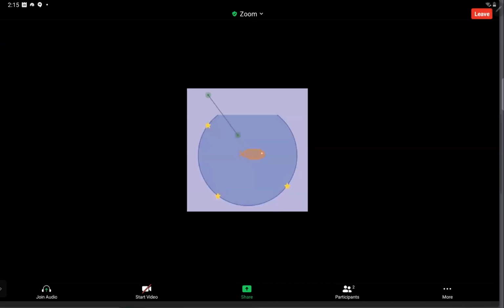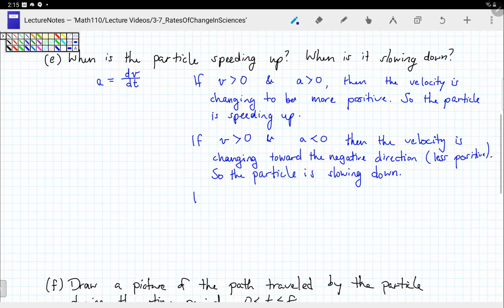So what if the velocity is negative? Okay, so if the velocity is negative and the acceleration is positive, that means you are changing the velocity to move towards the positive direction. Now, the velocity is negative means that you are just moving backwards, but you're moving the velocity towards moving forward.